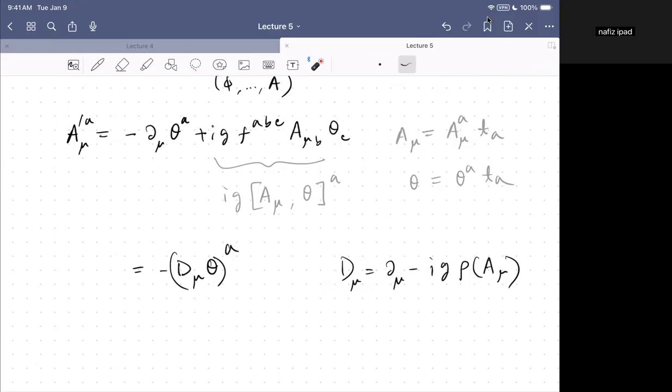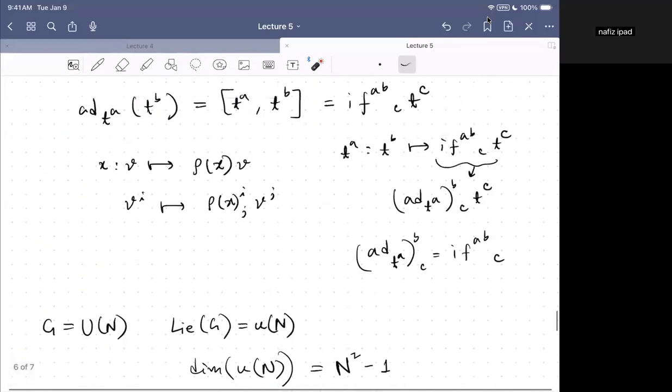According to whatever it is acting on, you will pick the representation associated with that thing. So here, the thing that the covariant derivative is acting on is theta. And we are saying that this thing is nothing but the commutator.